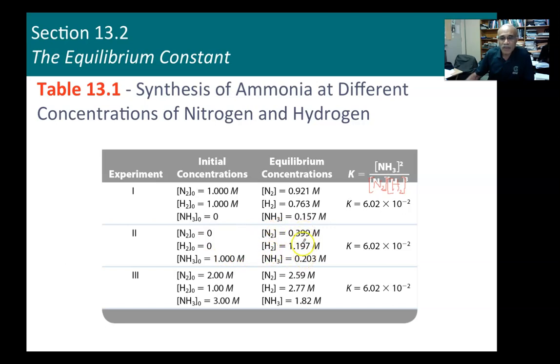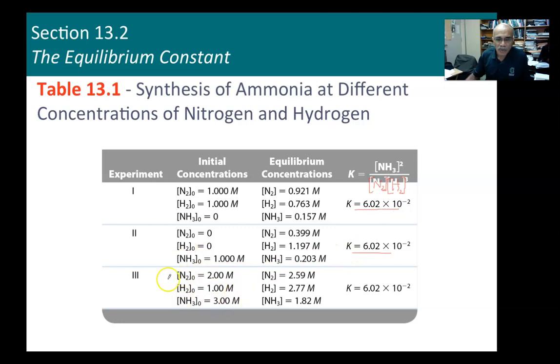Notice what happens. You'll have these concentrations which are different from the top one, but if you substitute these concentrations into the K equation, you will get pretty much the same value. And that's what equilibrium constant is. If you are dealing with equilibrium constant at a constant temperature, you would expect the same K value.